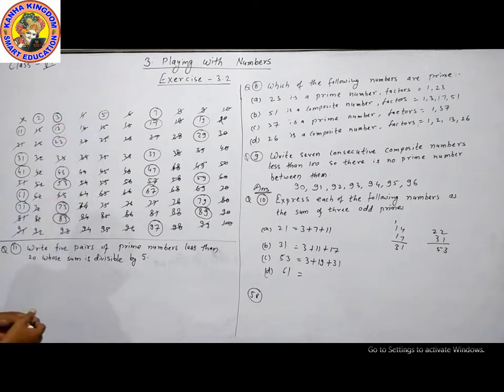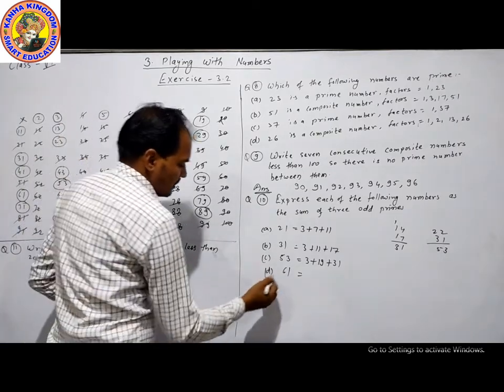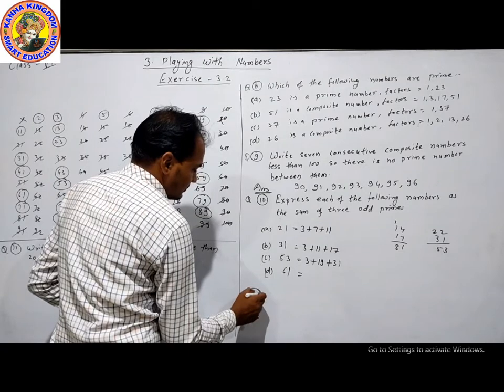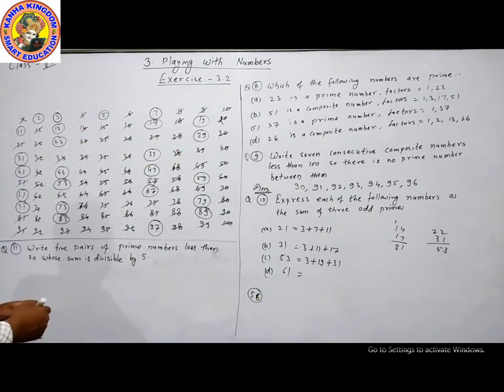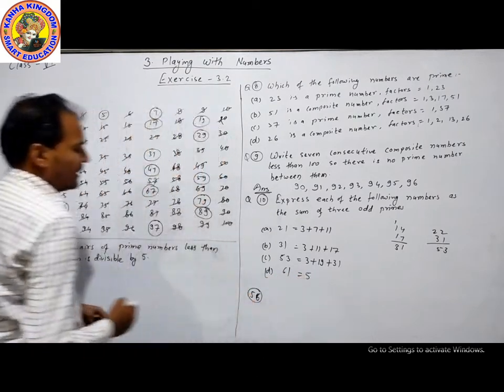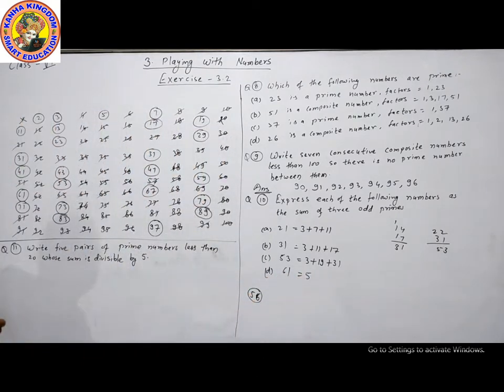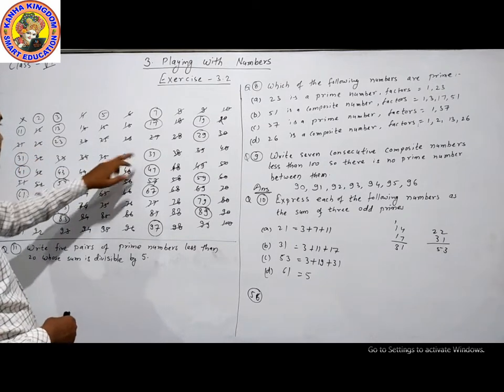By 5. If I select 5, then remaining is 56. By whom will I make 56? This is over 60.